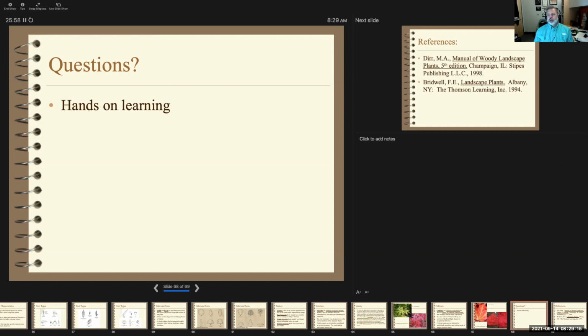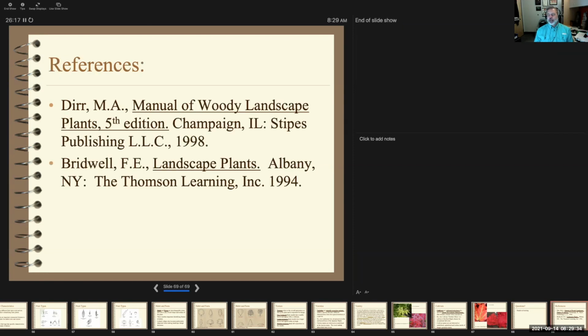So go out, look at actual plants, look at these different things like leaf type, leaf arrangement, out in a garden near you, here on the University of Tennessee campus. The State Botanical Garden of Tennessee, the UT Gardens, is a great place to do that. But do some hands-on learning, because that really is the ultimate best way to learn these plants.